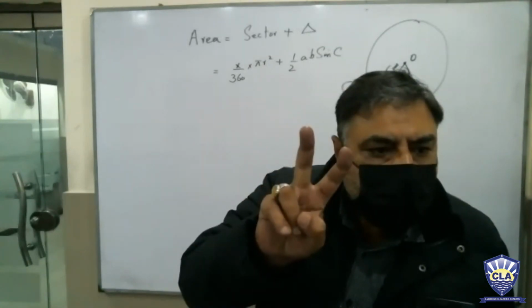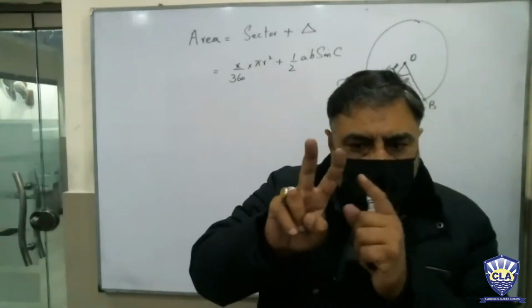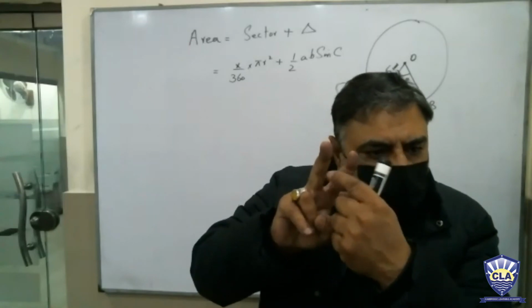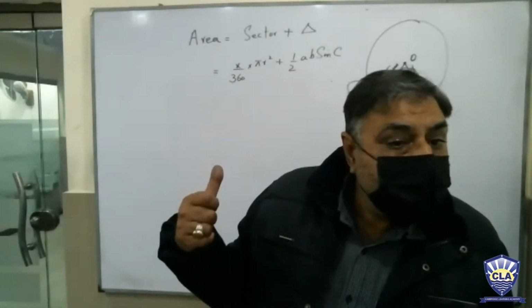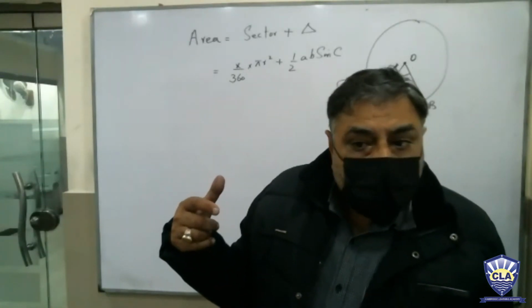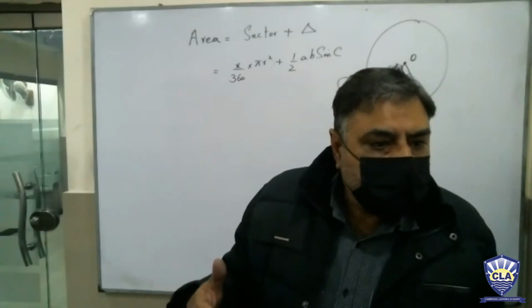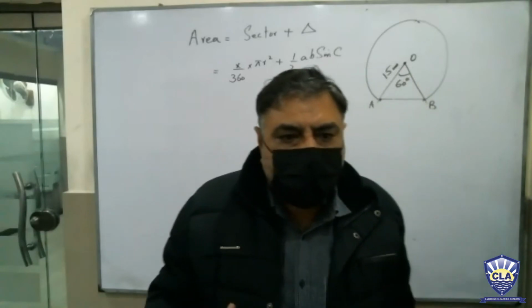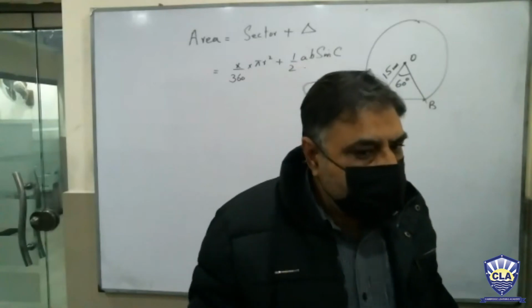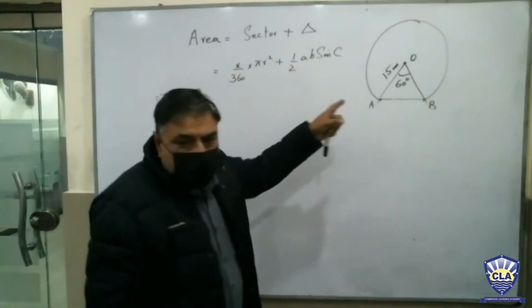Area of triangle: two sides and the angle between them. Because it is not a right angle triangle, you cannot put half base into height. Half base into height is the area of a right angle triangle.